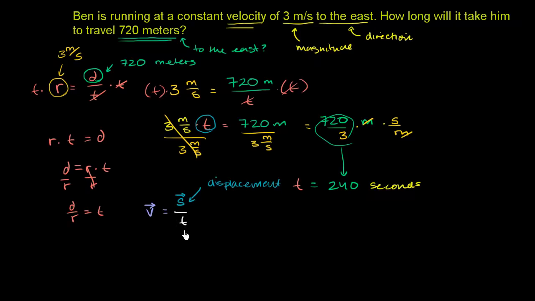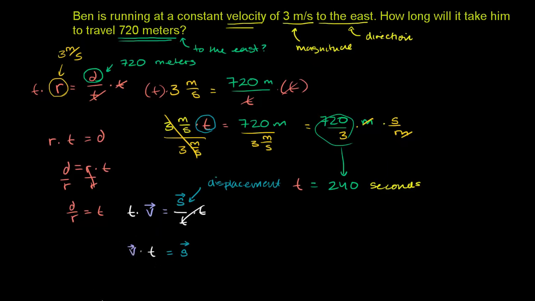Once again, if we want to solve for time, you can multiply both sides by time, and this cancels out. So you get displacement is equal to velocity times change in time, or we could just say time, to keep things simple.